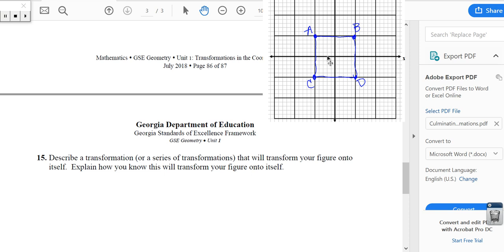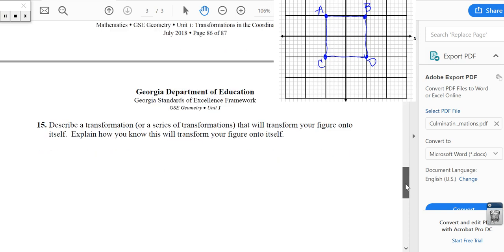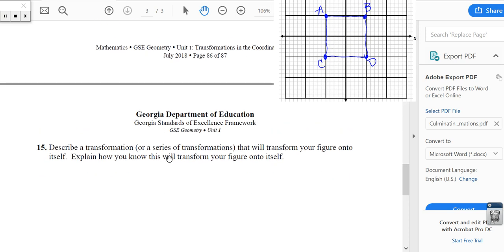Number 15 says to describe transformations or series of transformations that will transform your figure onto itself. Explain how you know this will map the figure onto itself. There are plenty of things you can say. Mapping onto itself means that you can put a line of symmetry on your picture, and with my square I actually have 4 lines of symmetry, but only 2 that I can talk about.